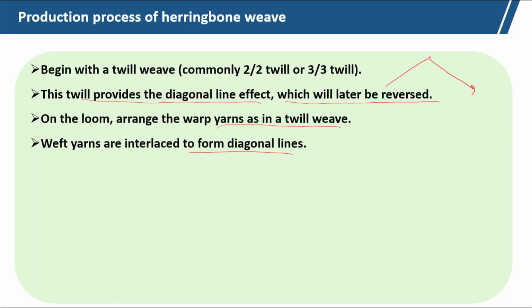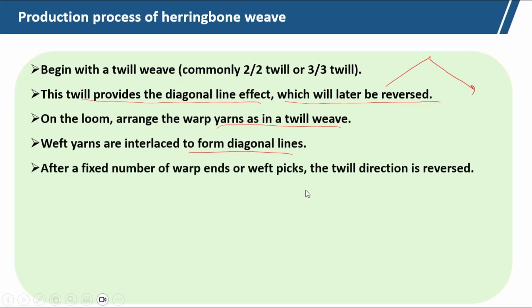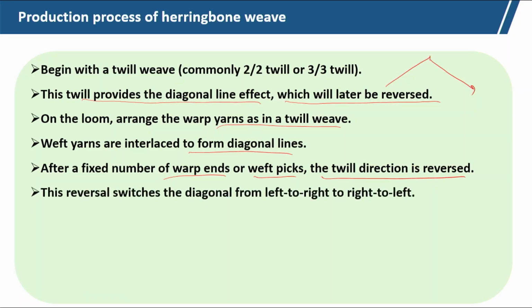Initially, up to a certain point, it will form a diagonal line. After a fixed number of warp ends or weft picks, the twill direction is reversed. This reversal switches the diagonal from left to right and then from right to left.